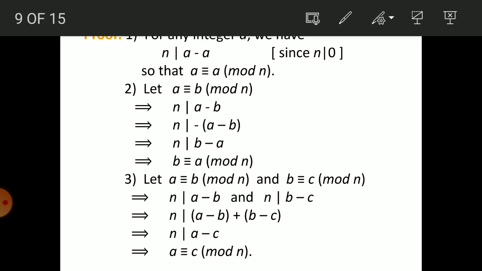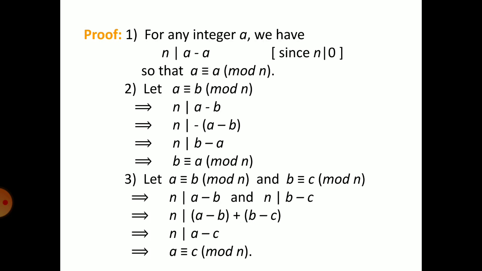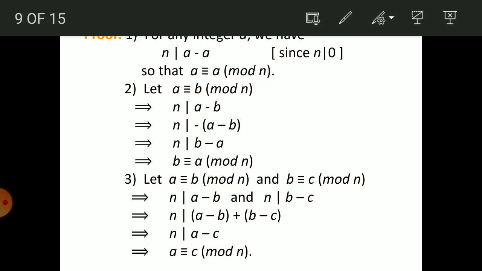Adding these two, n divides A minus B plus B minus C. Then minus B plus B gets cancelled, and we get n divides A minus C. N divides A minus C means A is congruent to C mod n. Okay, this is the proof of the third.